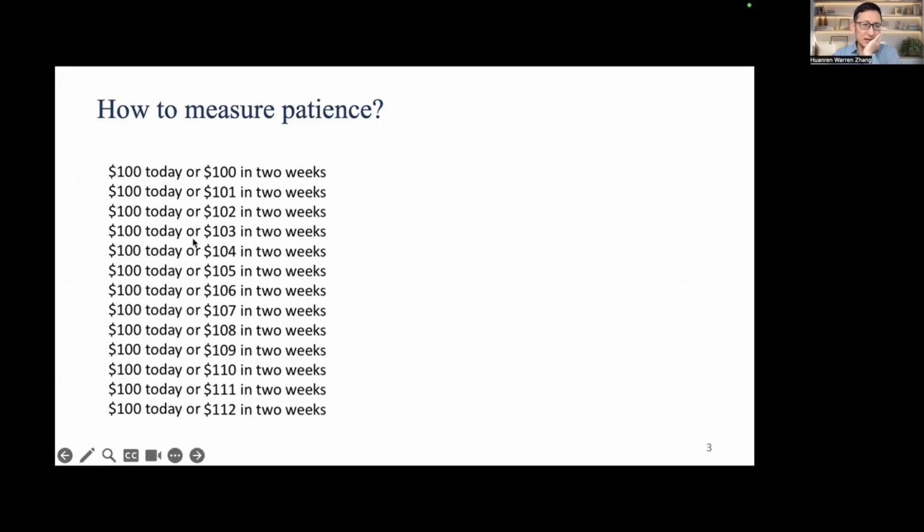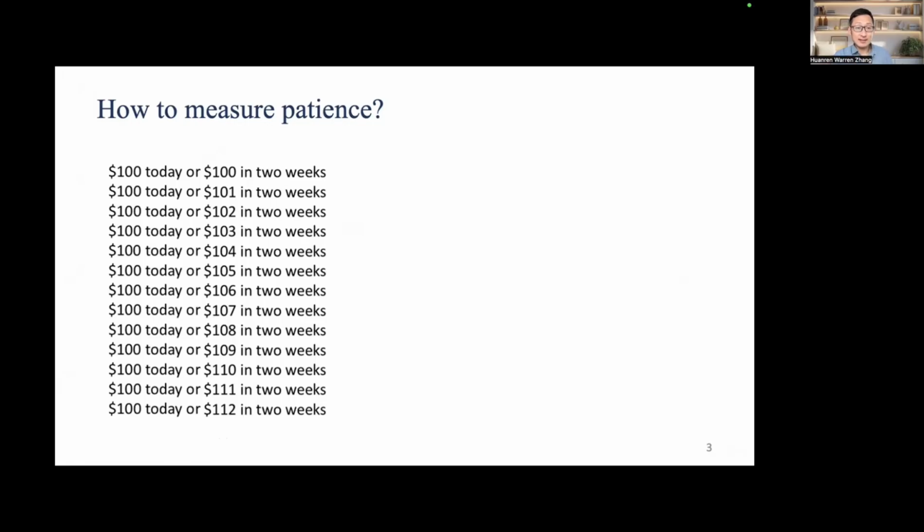And then you will see that as we move down the rows, the size of the money that you can receive in the future increases. So for most people, at a certain point, they will switch from the left decision, $100 today, to some amount of money in 2 weeks' time. If the amount of money paid in 2 weeks is large enough, then it would induce people to wait to receive this larger amount in the future.